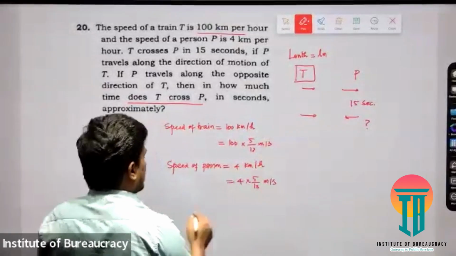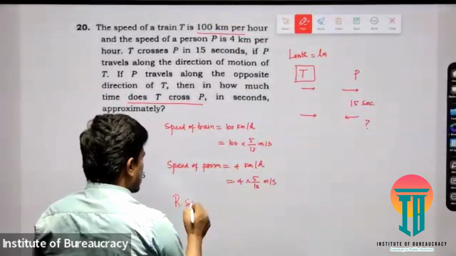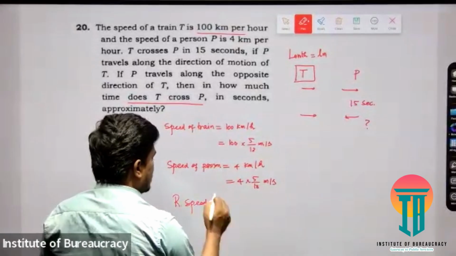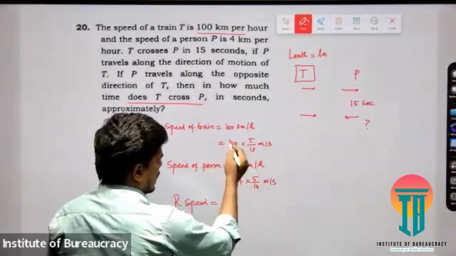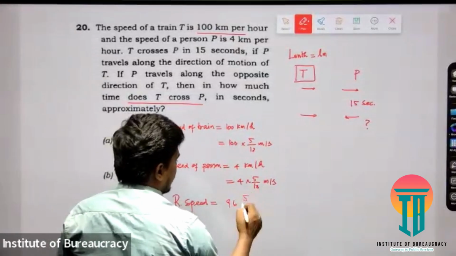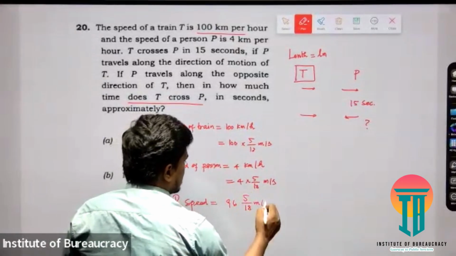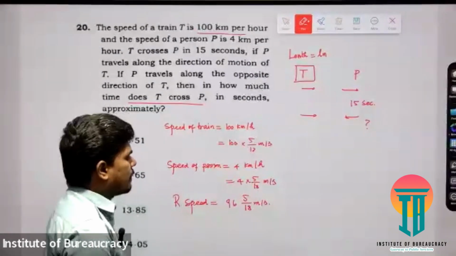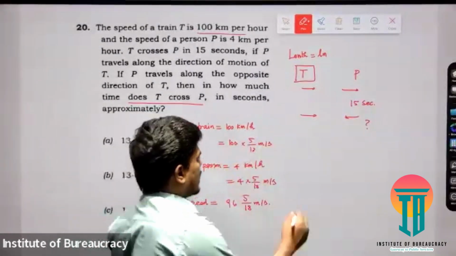When they move in the same direction, we have to consider the relative speed. Same direction means you have to subtract, 100 minus 4, it is going to be 96 into 5 by 18 meter per second.